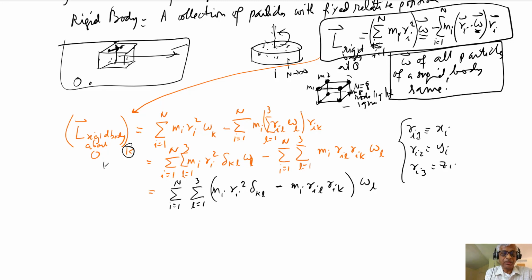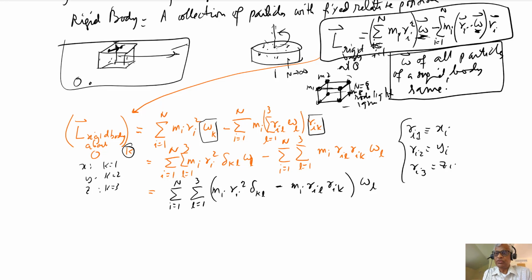So k can be 1 for the x component, k equals 2 for the y component of angular momentum, and k equals 3 for the z component. So pick k according to what component of angular momentum I want, and this is where the k ends up from this. And then if this is ri, the ith particle displacement vector, I will need the kth component of this.